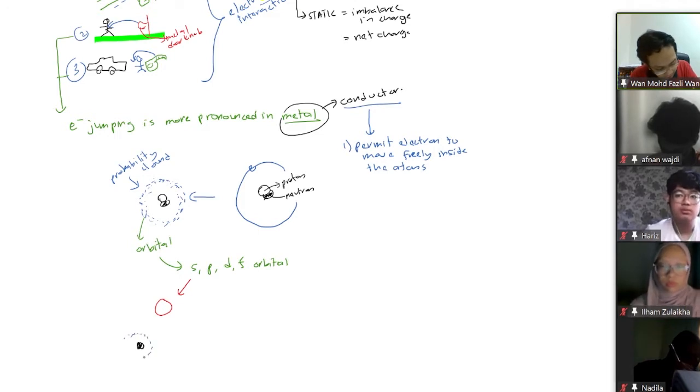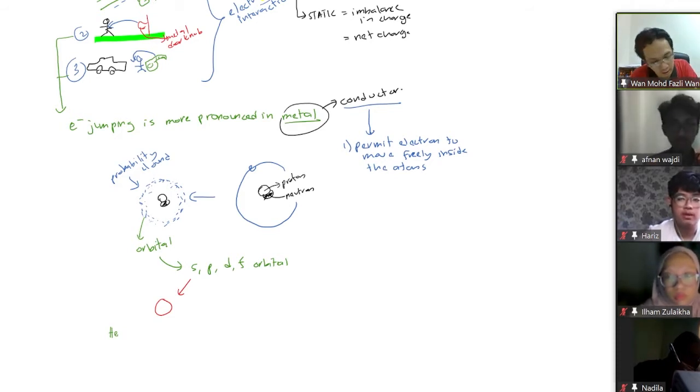For example, let's talk about helium. Helium, let's say, has one proton there, which is positive.